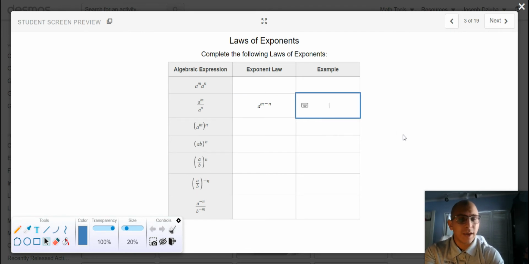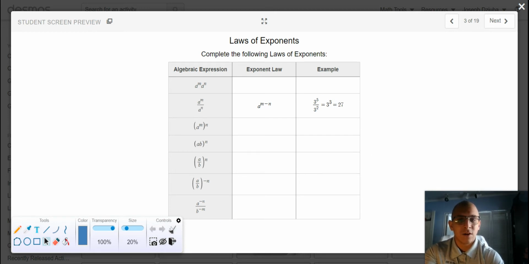When we have a rational expression with exponent values in the same base, I can just subtract those exponent values while maintaining the value of the base. I can obviously create an example: 3 to the 5th divided by 3 to the 2nd, and demonstrate my entire workflow here, which is going to equal 3 to the 3rd power, which is really equal to 27.